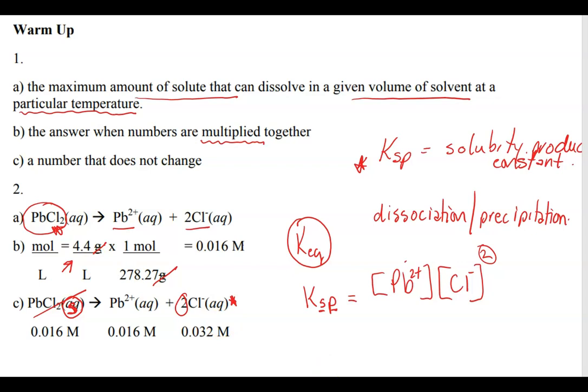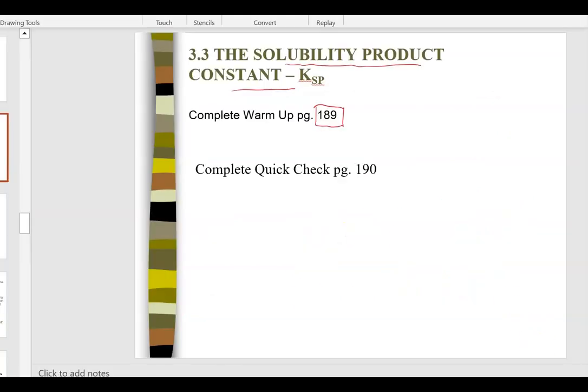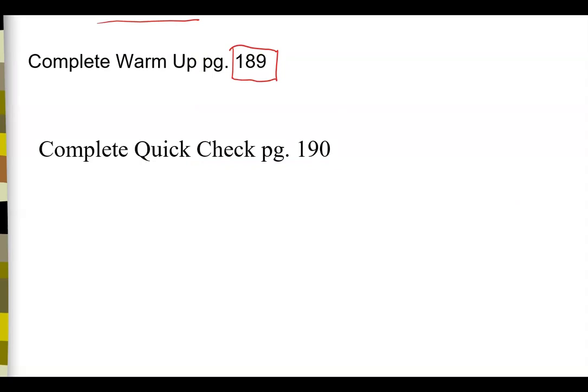Let's look at some examples here. If you turn to page 190 and have a look at the quick check. The first question on the quick check says, write an equation to represent the equilibrium present in a saturated solution. So the first one is strontium carbonate. So our formula for strontium carbonate would be SrCO3.